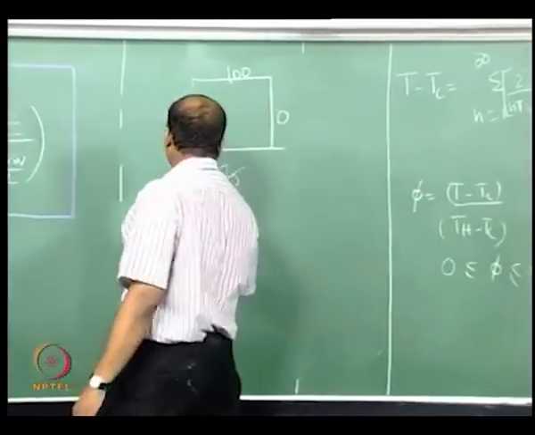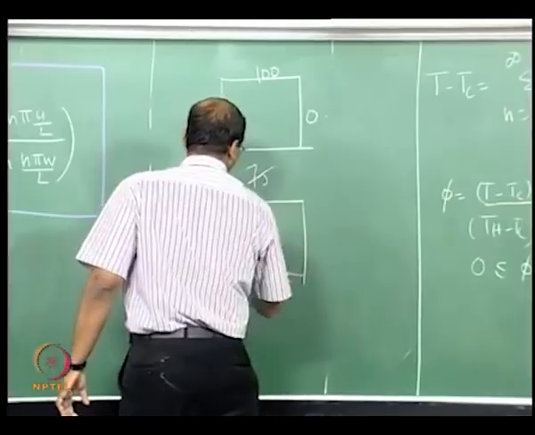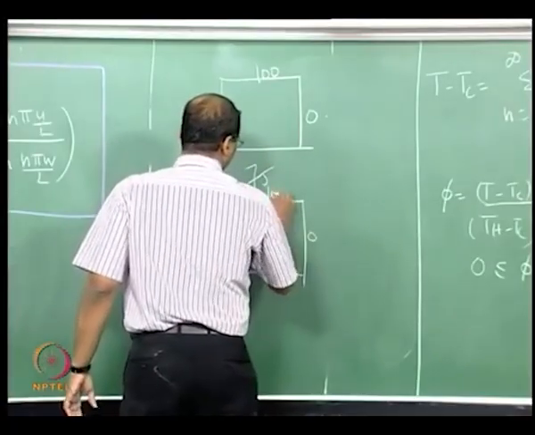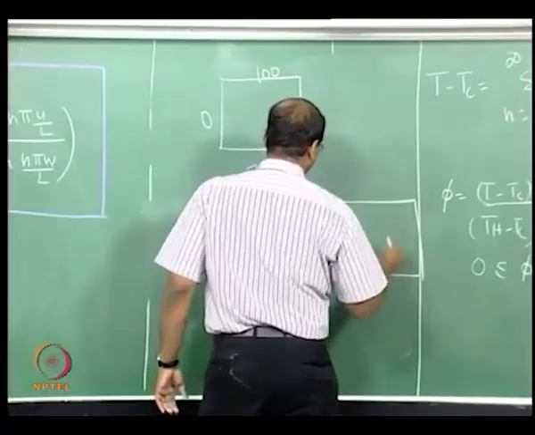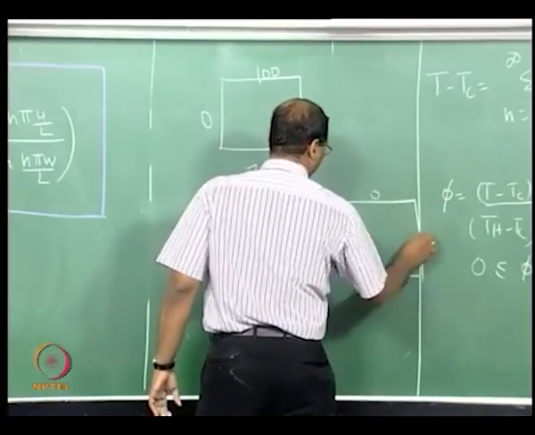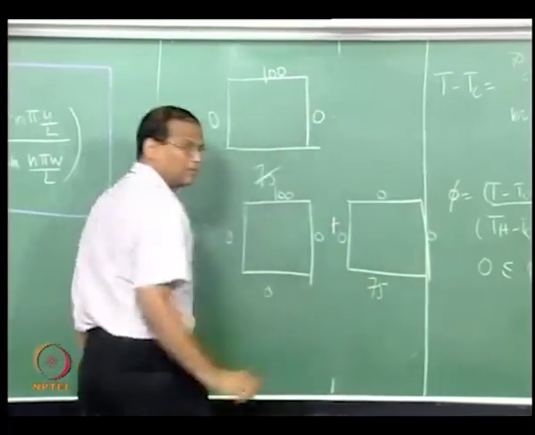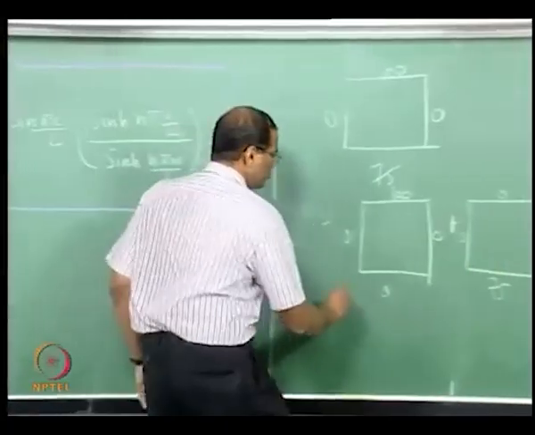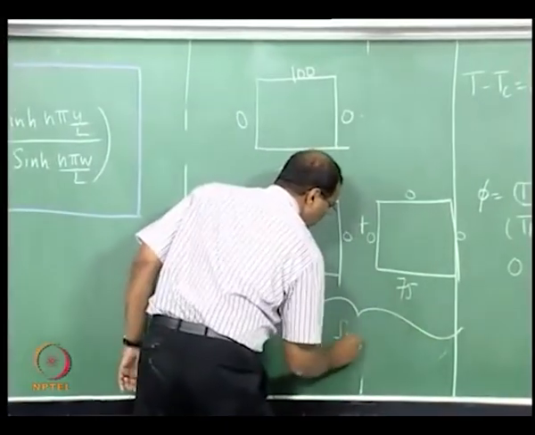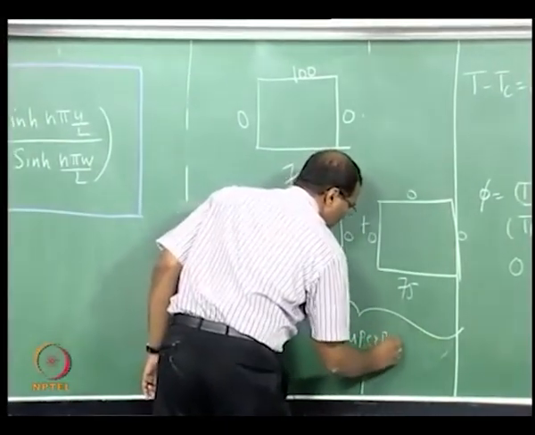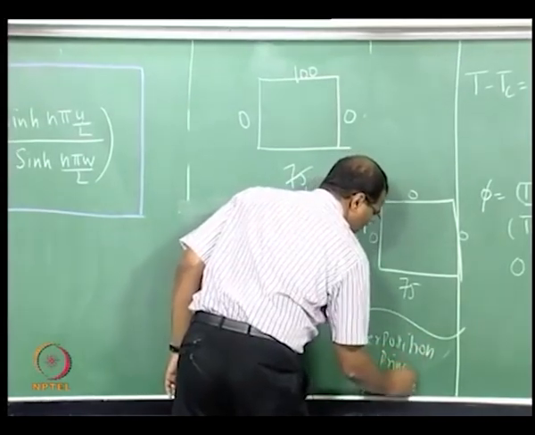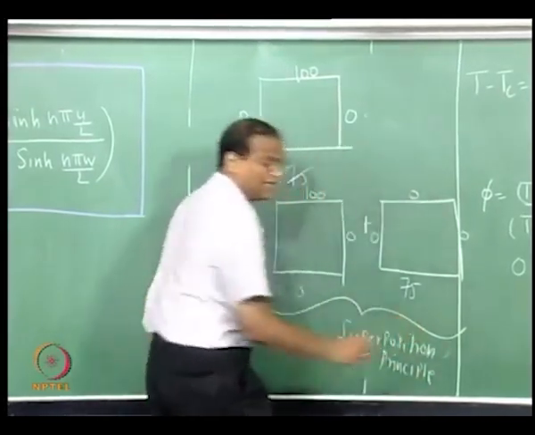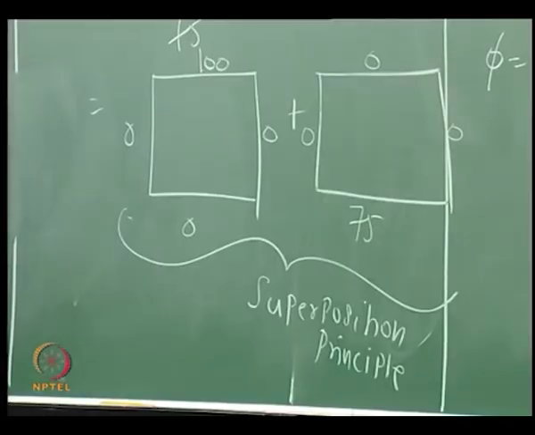You split using superposition. So you use what is called superposition, and like that, one by one you can handle inhomogeneities on all sides.